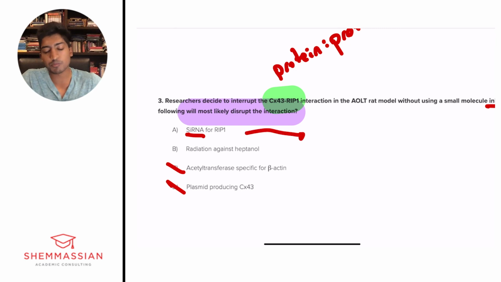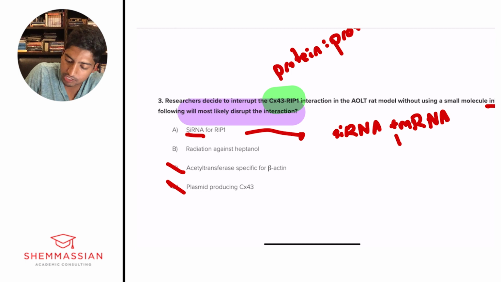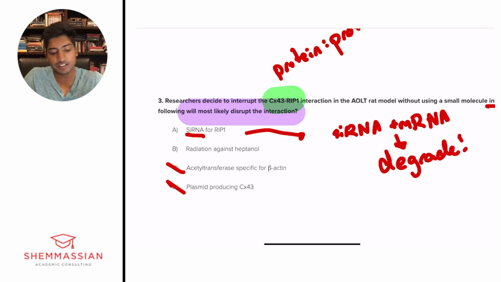Well, it works by attaching to the mRNA and signaling some sort of degradation. So siRNA plus mRNA results in degradation, right? It's a signal for it to destroy the RNA. And so with that, we're going to pick A because that's going to get rid of the RIP1 and thus cease the interaction between the two.